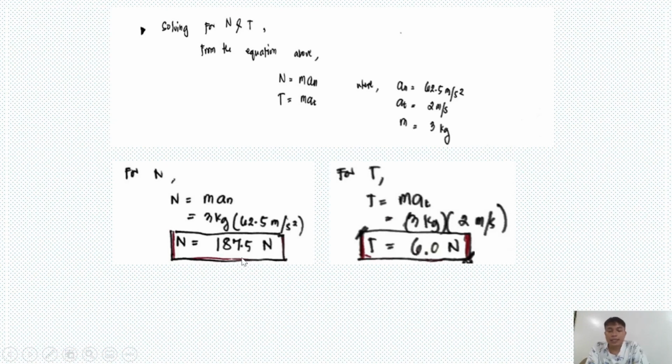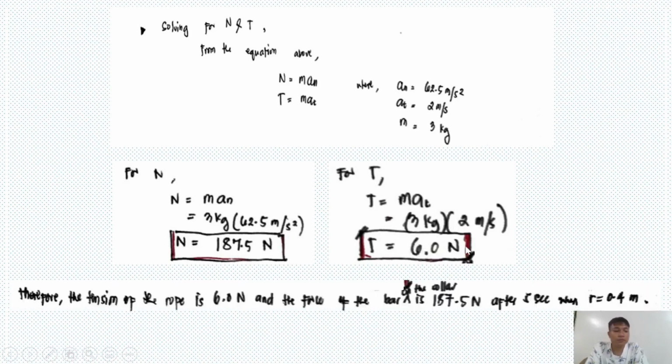For the tension, T is equal to M AT, so 3 kg multiplied by 2 meters per second squared, which gives 6 Newtons. Sorry, I missed the squared, but there is a square on the 2 here. Therefore, the tension of the rope is 6 Newtons and the force on the collar, B, is 187.5 Newtons after 5 seconds when the radius is equal to 0.4 meters.